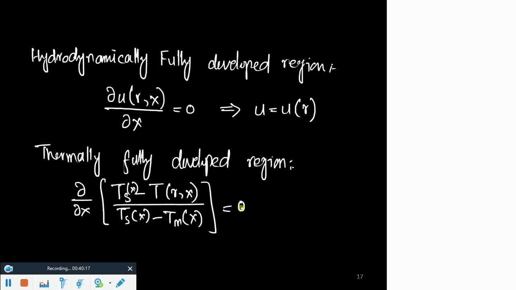All the correlations, all the studies, all the investigations, most of the time they are concerned with the fully developed region. So a very next question can be, what is the behavior of the friction coefficient or convection coefficient in the fully developed region? Is it a function of x or is it not a function of x?